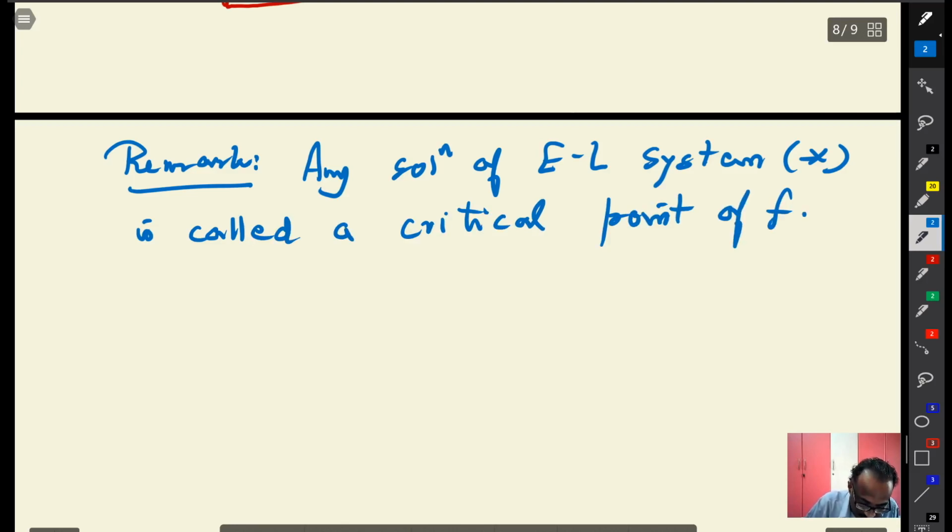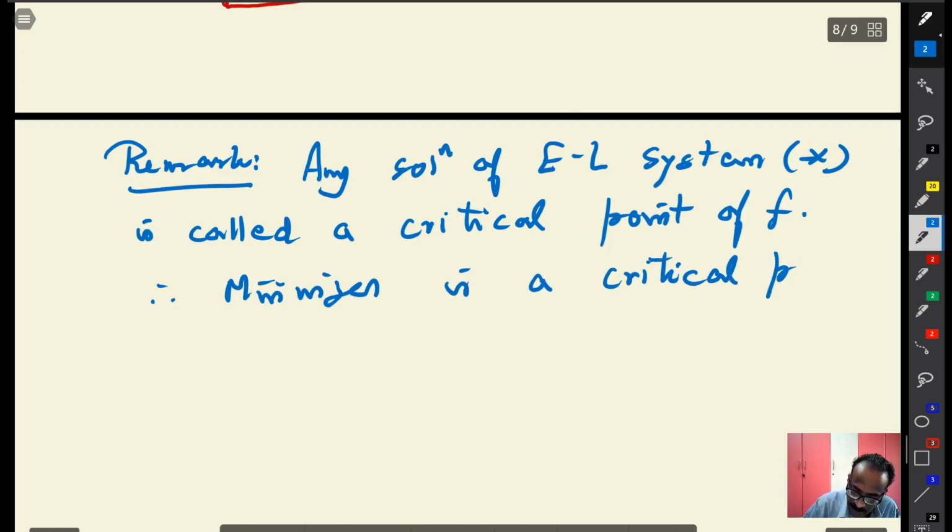Therefore a minimizer is a critical point, but the converse need not be true.